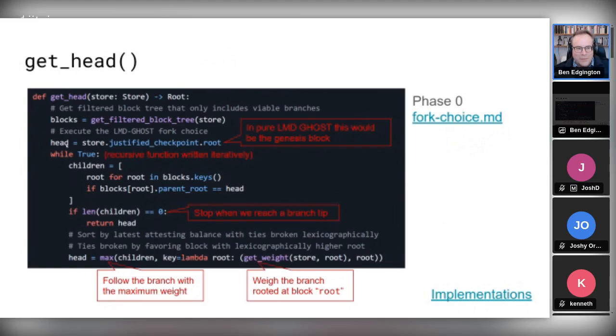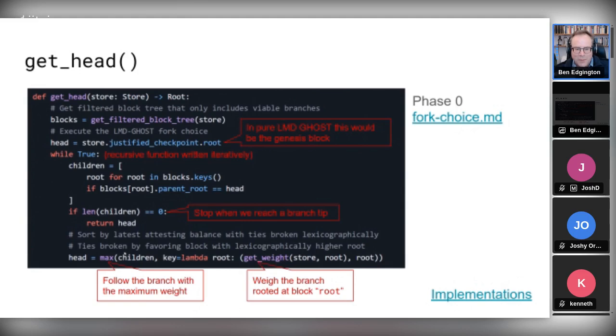So we start with, it's called head, but it's a root at this point. We start with a root of the tree, which in the code is justified checkpoint root. But as I said, in pure LMD GHOST, that would be the genesis block. We'll come to this justified checkpoint thing later. And then we have this, which annoys me for reasons I can't quite pin down: this is a recursive function, but it's been written iteratively, which offends me.